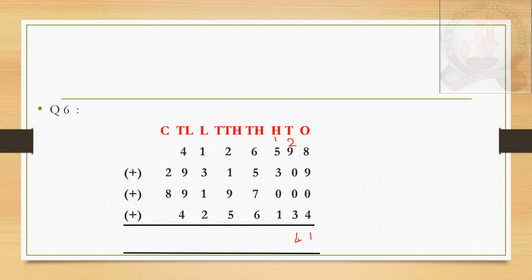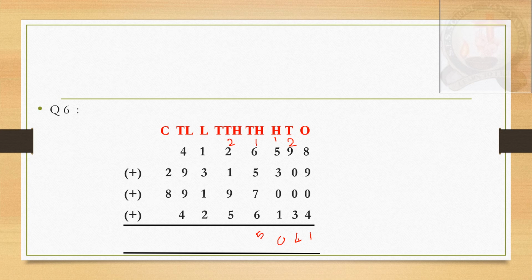1 plus 5 is 6, 6 plus 3 is 9, 9 plus 1 is 10, then 0, 1 carry to the next digit. So 1 plus 6 is 7, 7 plus 5 is 12, 12 plus 5 is 17, 17 plus 6 is 23... For 25, write 5, then 2 carry to the next digit.